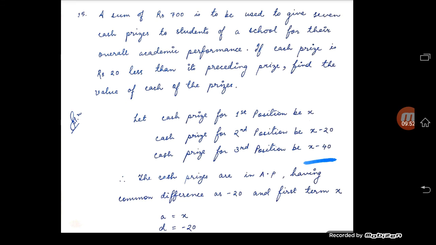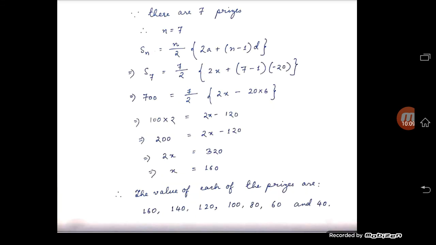So we will take the first term a is X, assumed, common difference small d is minus 20, since every prize is 20 less than the previous one. Now, since there are 7 prizes, we'll take n is 7.